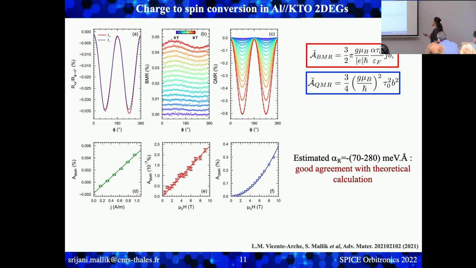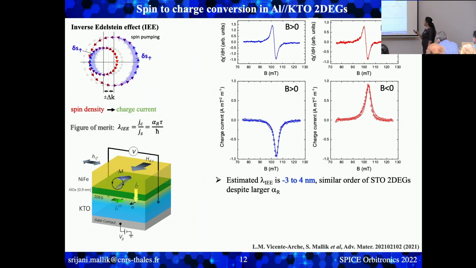So now we see that we have really nice, very high alpha values in our sample. So we wanted to study the spin to charge conversion, and for this we did the inverse Edelstein effect measurement. Because we need to do spin pumping to inject the spin current, we need a ferromagnetic layer.